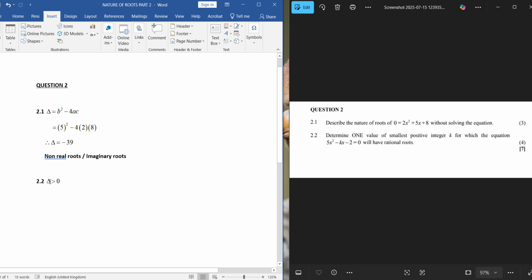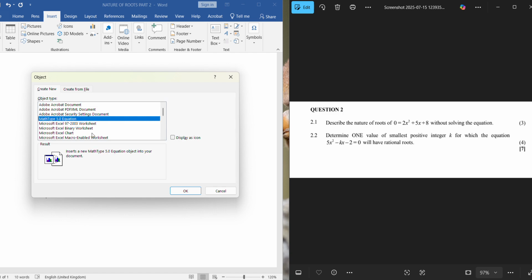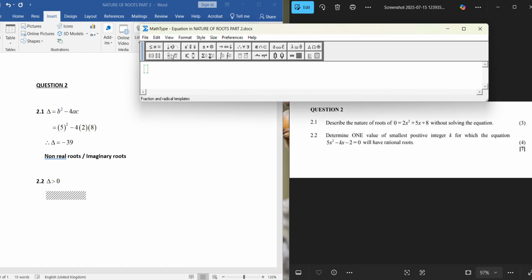Now, what is delta? Delta from its primary equation is equal to b squared minus 4ac. Now, let us go and write what is equal to delta. In this case, delta is equal to b squared minus 4ac. On the same breath, it must be greater than 0.